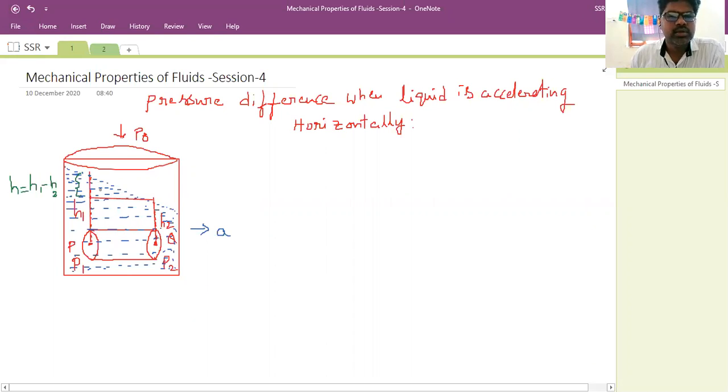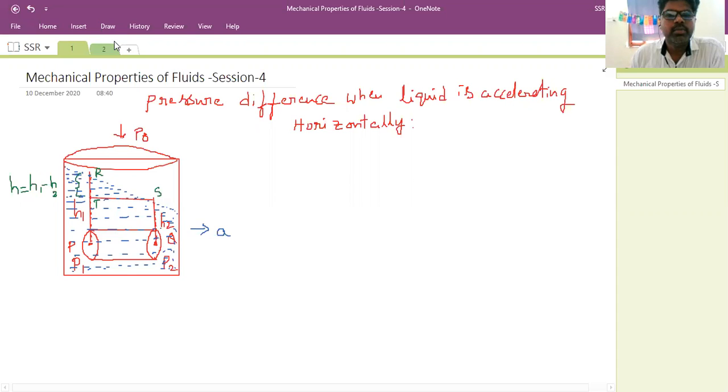So let us name the points P, Q, let us say this point is R, this point is S, and this horizontal level point, let us say T, the intersection point. P, Q, R, S, T. Now you can observe this is making a right angle triangle. Are you able to follow?